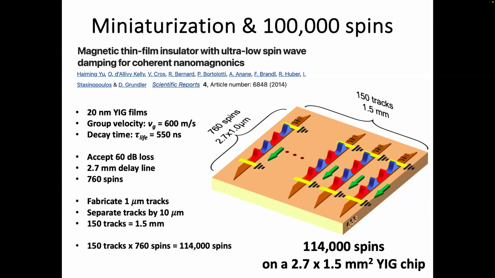And it's not a coincidence that we chose this, because this way we get up to 14,000 spins. So it's possible to fit the same number of spins as in the coherent Ising machine in an area that's 2.7 times 1.5 millimeters squared. So instead of a 5-kilometer optical fiber, you have a chip that doesn't take up any space, really.